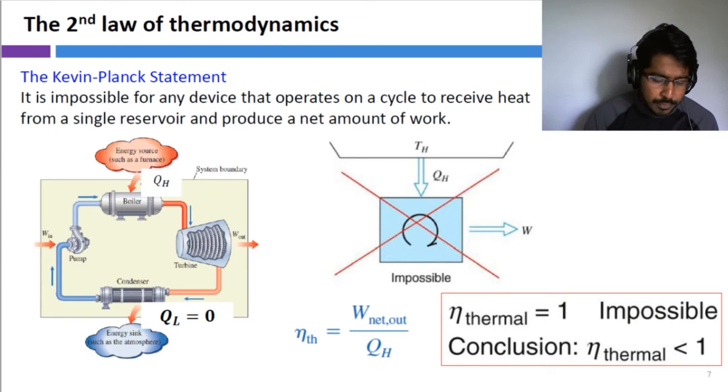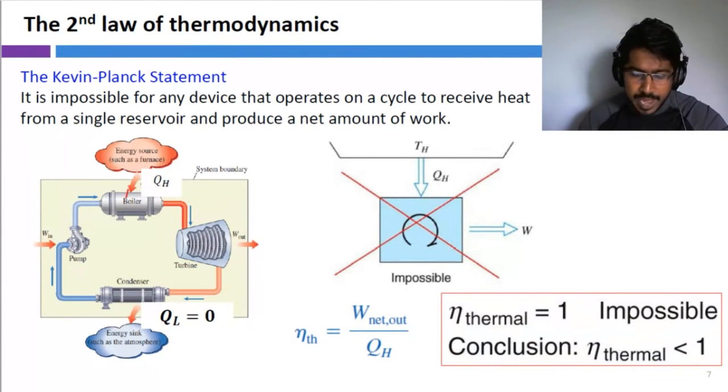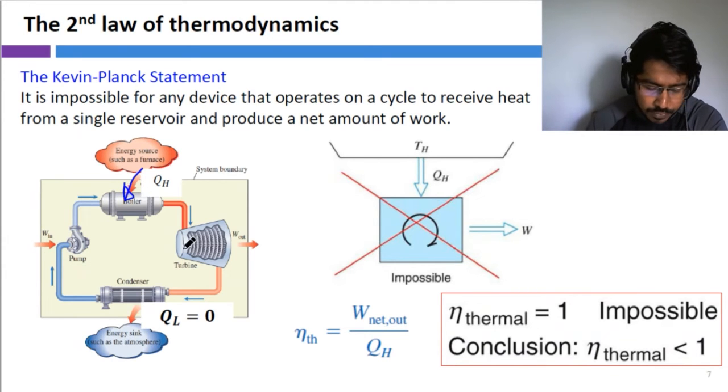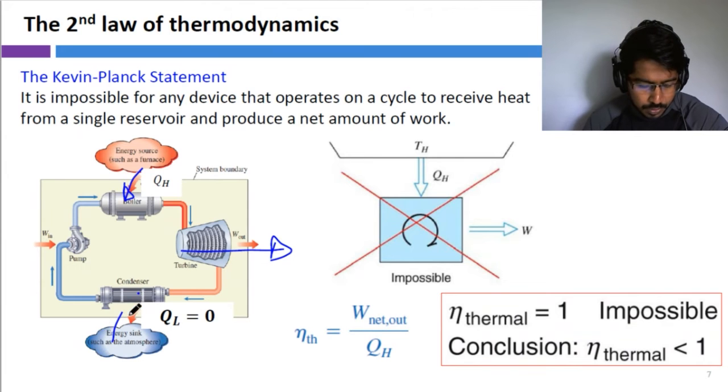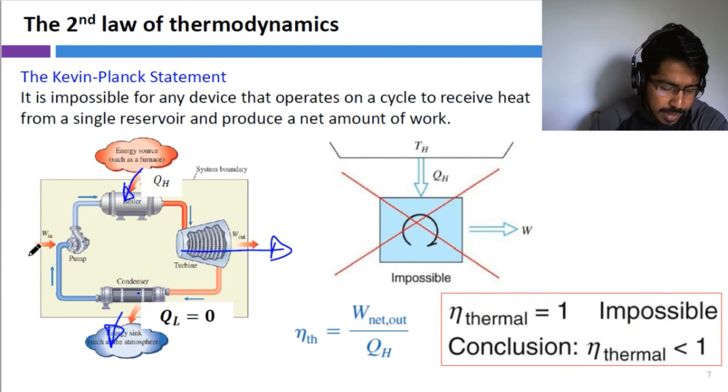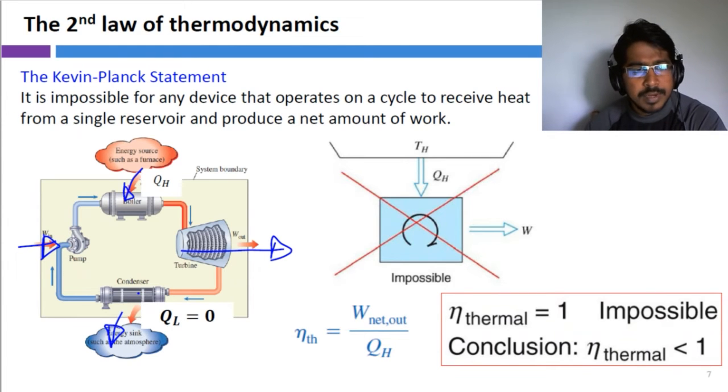So you remember from our earlier example about the heat engines, we added heat into the boiler to generate steam, and then we generated work, and then we ejected some amount of heat into our heat sinks at the condenser, and then we sent it back to the pump, and then pumped it back to the boiler, right?